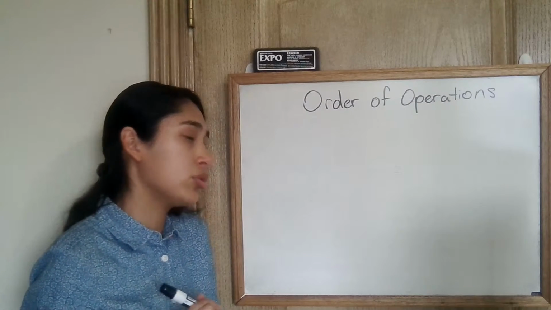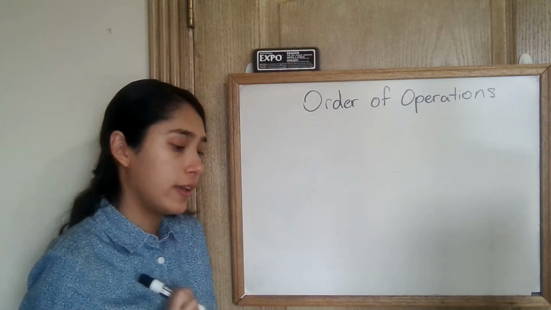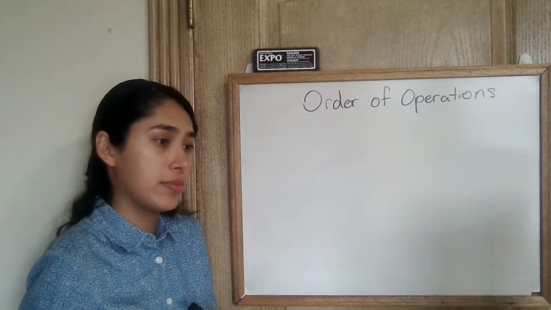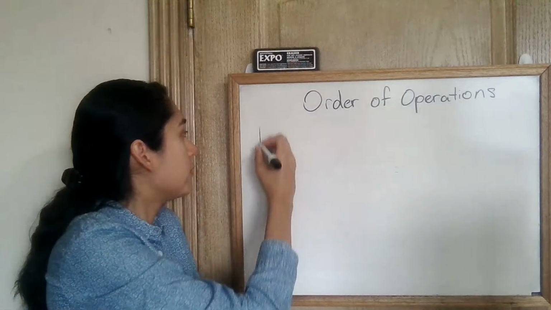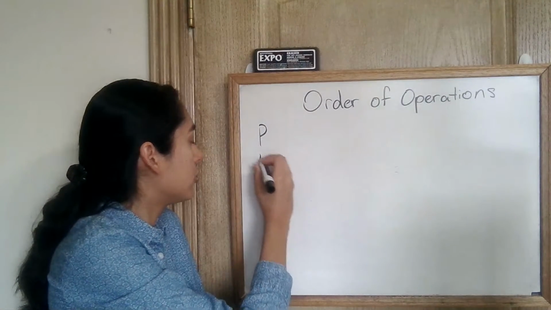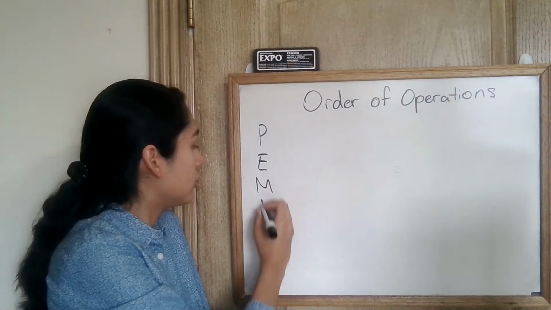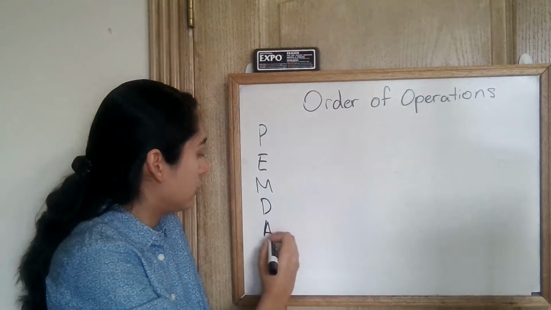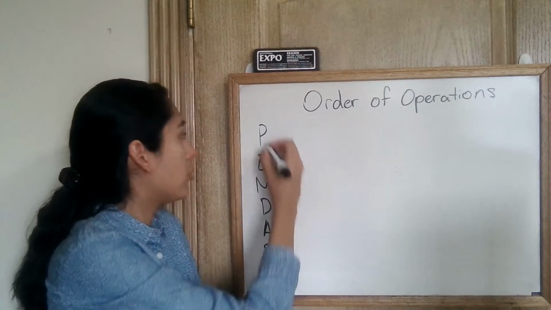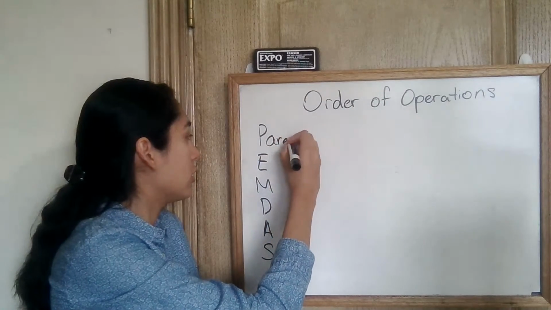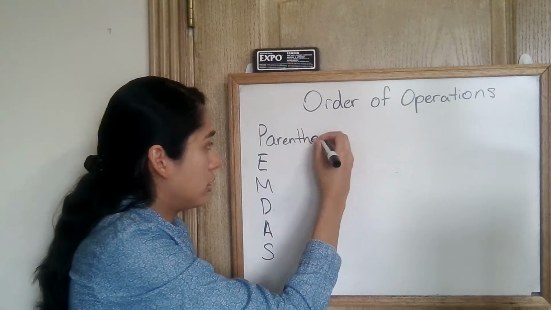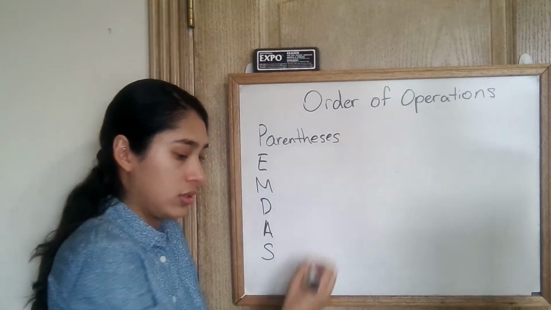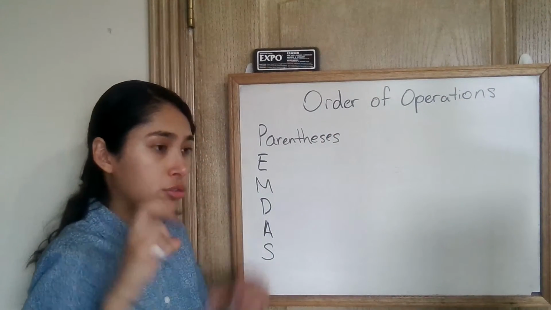So in order of operations, we have a little acronym, and you've heard me say it before, it's PEMDAS. Parentheses. There's also other grouping symbols.